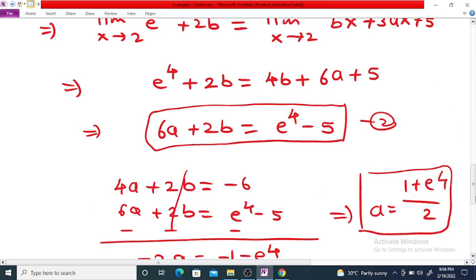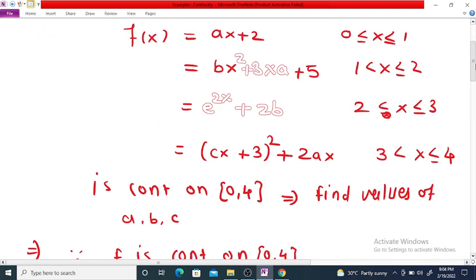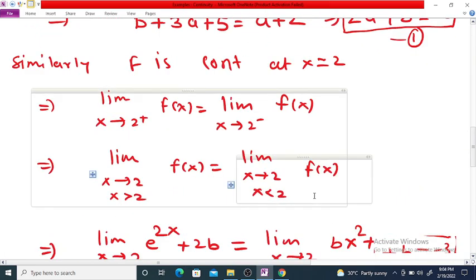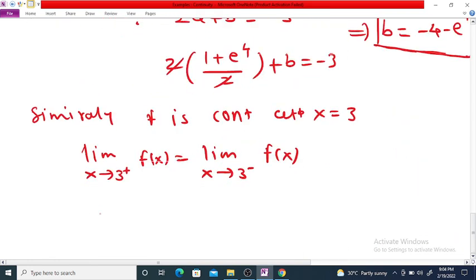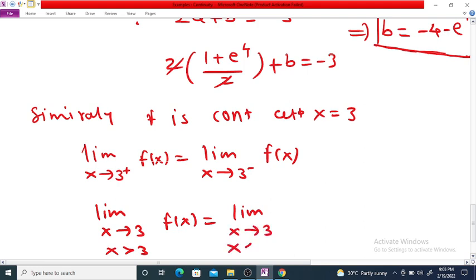So now if we take the limit x tends to 3 plus, implies limit x tends to 3, x greater than 3 of f of x, which is the same as limit x tends to 3, x less than 3 of f of x.